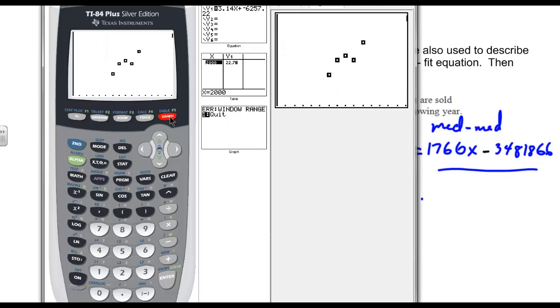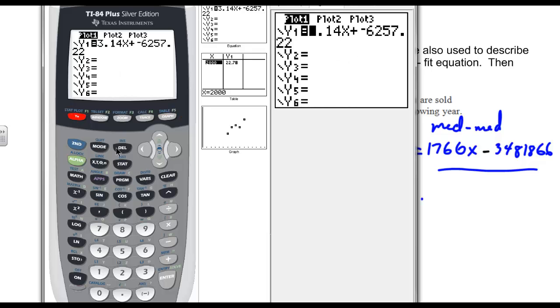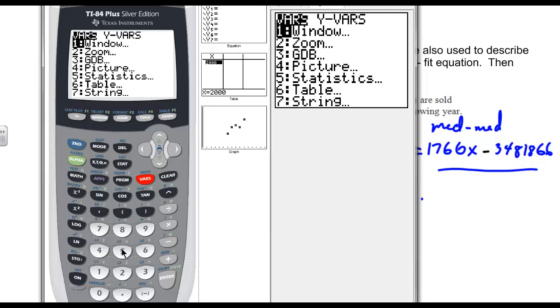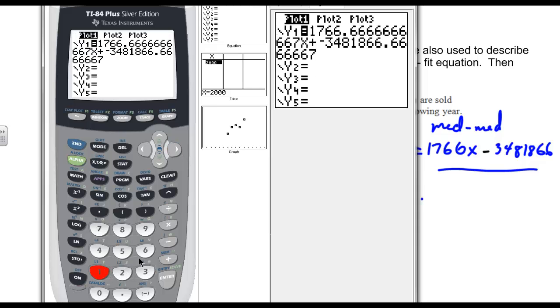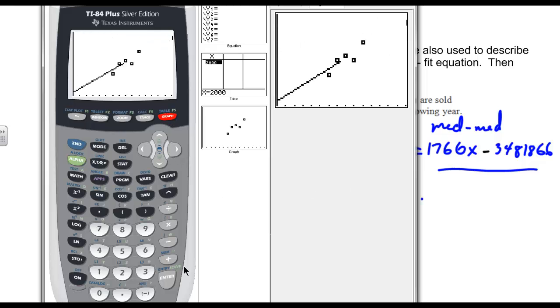That way I guarantee that I'll see everything in my graph. So if I go ahead and graph once again, there's my scatter plot, if you will. Now if I want my line, all I have to do is hit y equals. We go through the same things we've gone through previously. I'm going to clear my previous line from our previous example, and go vars, stats, equation, regression equation, and there's our new equation of our median line. Hit graph once again, and we'll get a line that once again splits those.